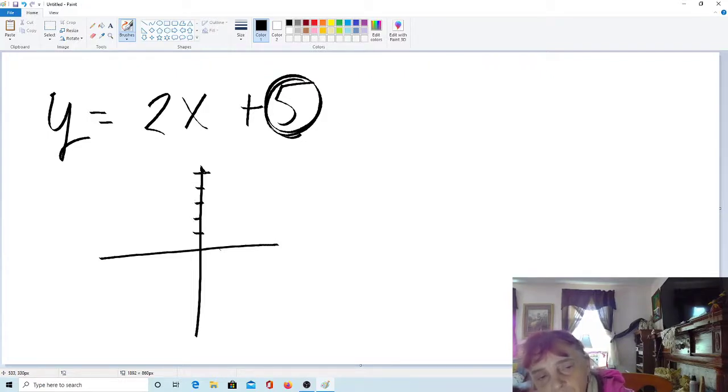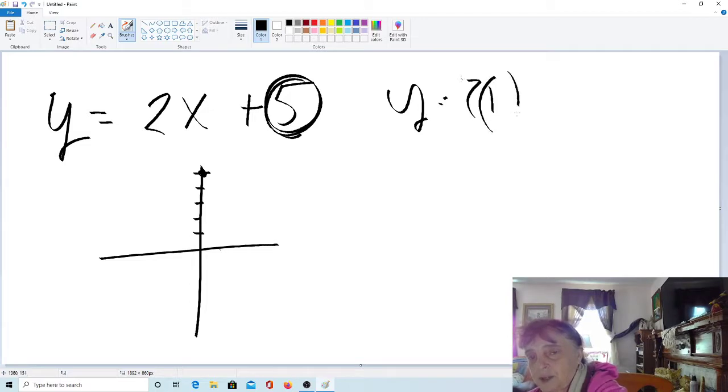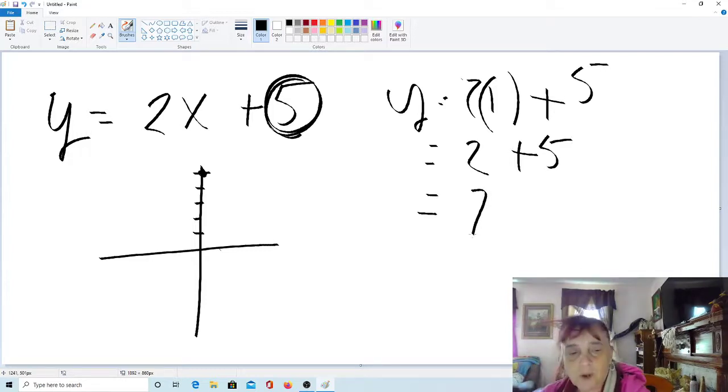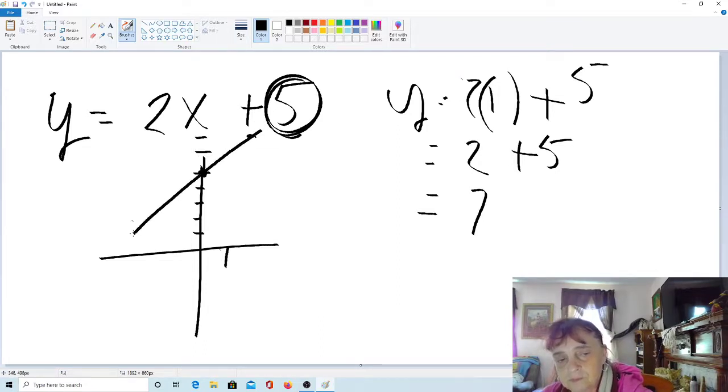Go up 5 places on the y-axis. And if x is 1, y is 2 times 1 plus 5. 2 times 1 is 2 plus 5 is 7. So 1, 7.